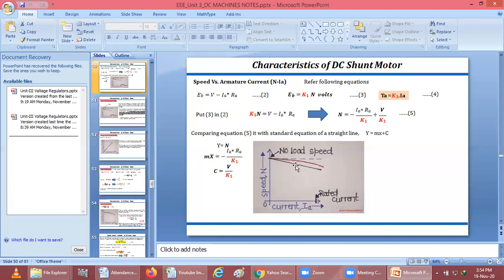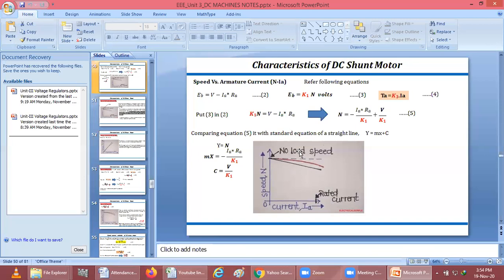So if you try to draw the graph for speed versus current, you can give current on the x-axis and speed on the y-axis, and you will get a curve like this. You can see here the speed is negatively proportional with respect to the current. When you increase the current, the speed value is going to decrease.